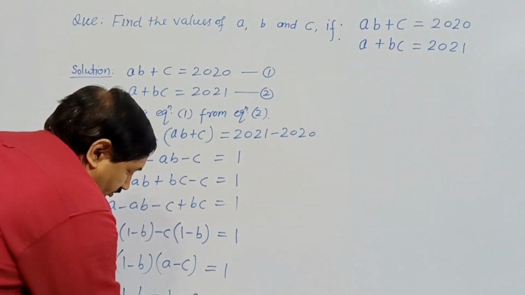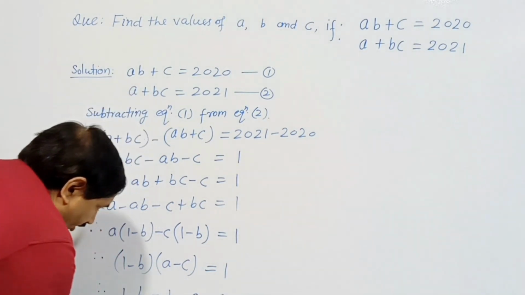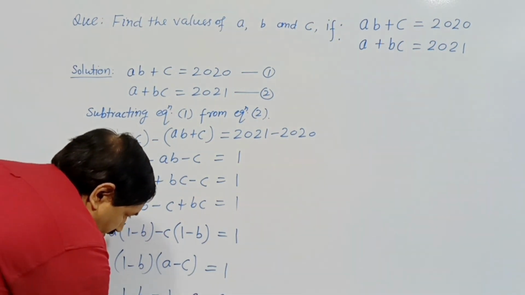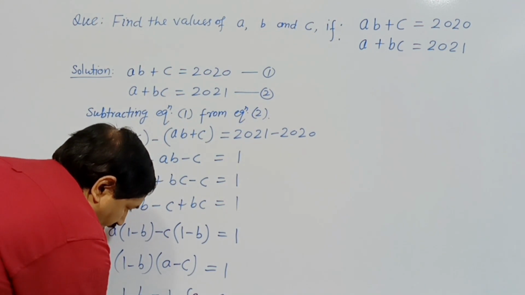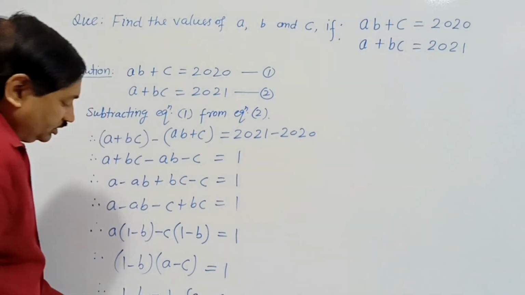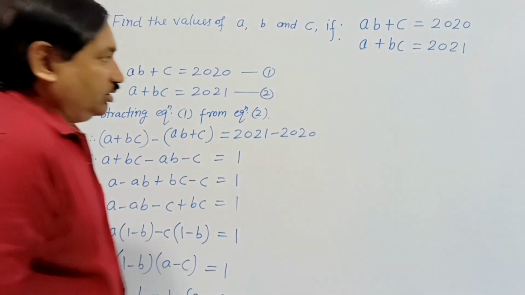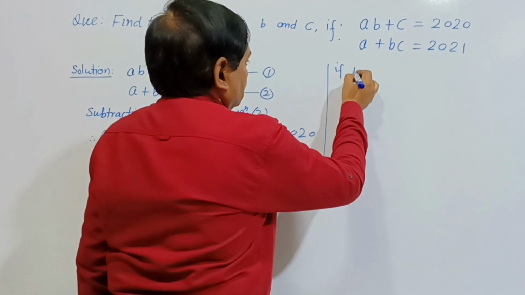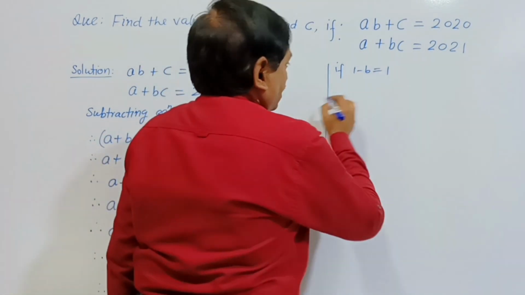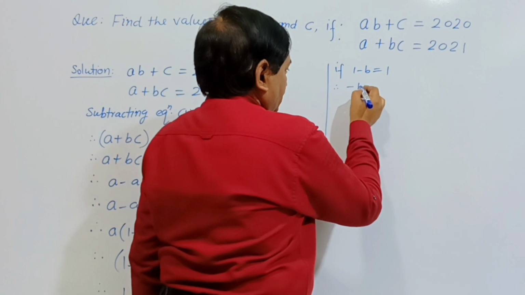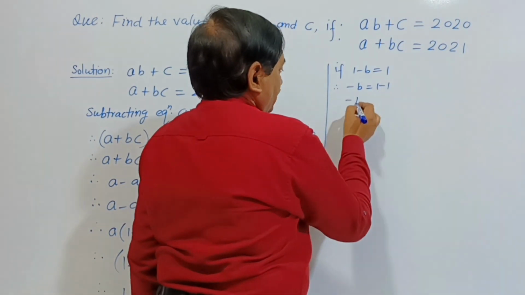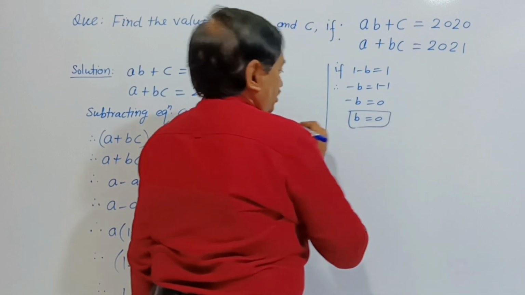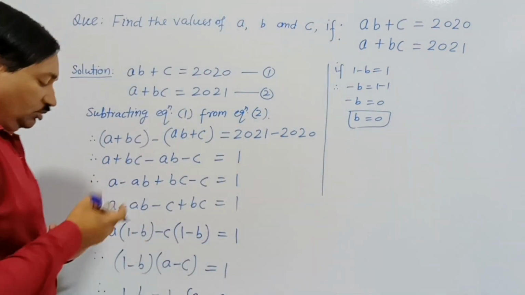Case first, 1 minus B equals 1, and case second, A minus C equals 1. Taking the first case, if 1 minus B equals 1, then minus B equals 1 minus 1, minus B equals 0, that is B equals 0.